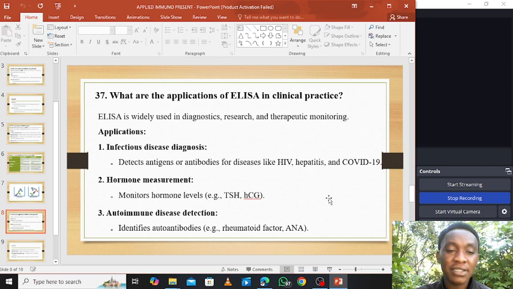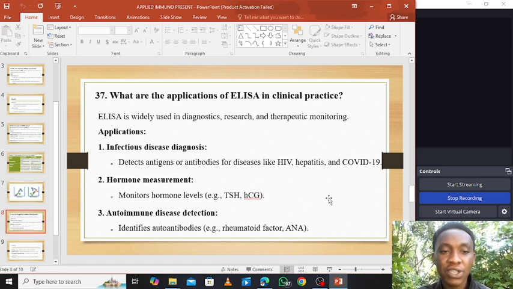Let's look at the last question, which says: what are the applications of ELISA in clinical practice? Firstly, ELISA is widely used in diagnostics, research, and therapeutic monitoring. Let's look at the applications of this enzyme-linked immunosorbent assay.